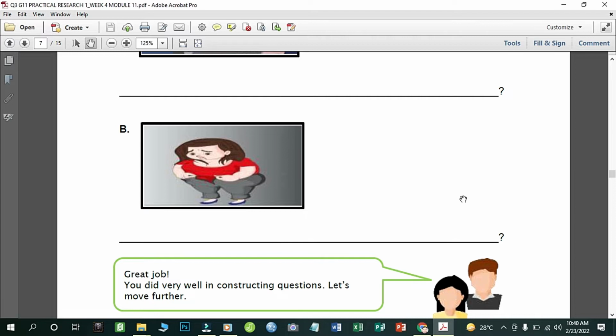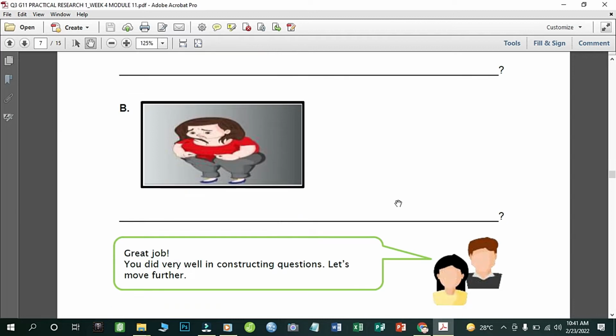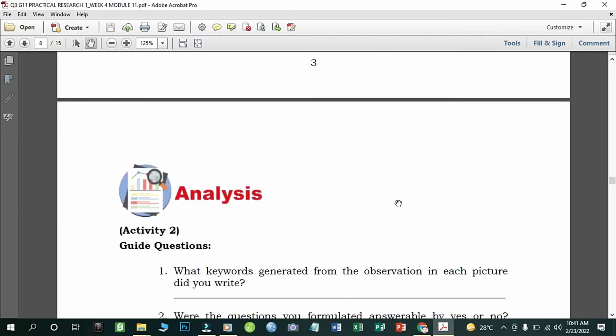Or you can have also how do obese people perceive their personality or image. So you can have those statements. It depends upon you on how you craft your research questions. I hope you already know how to formulate research questions. So based on these examples, let's have more discussion on it.